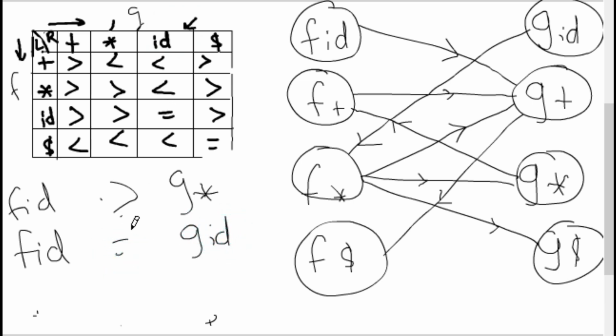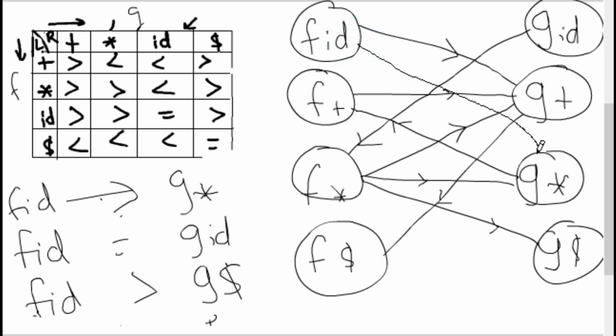So nothing needs to be done here. There is f id on the left hand side and there is g dollar on the right hand side, and in between them there is this symbol. So f id goes to g star. F id needs to go to g star like this. F id needs to go to g dollar like this.